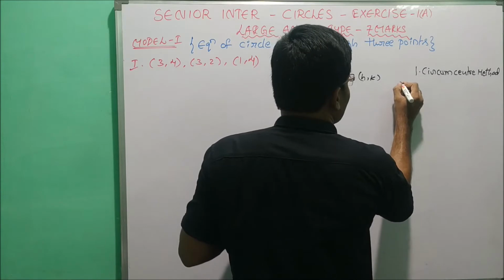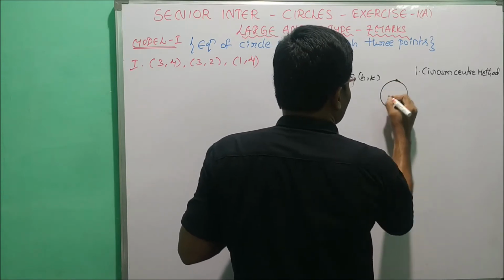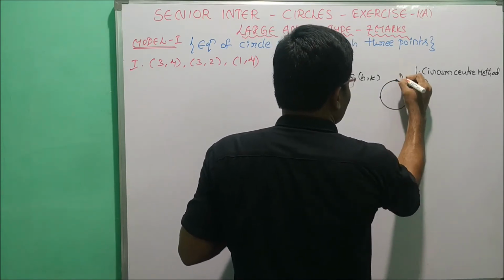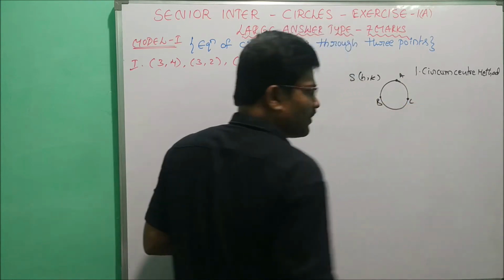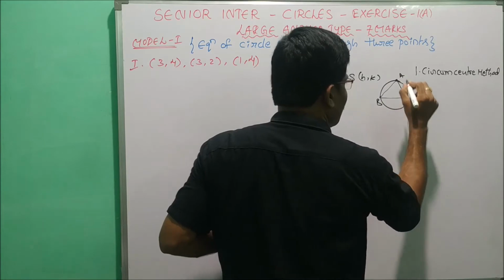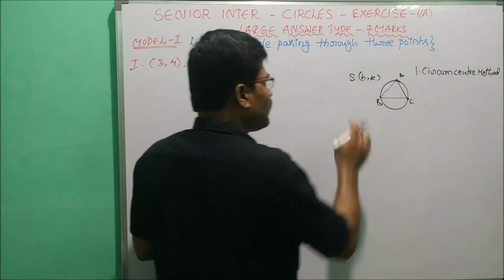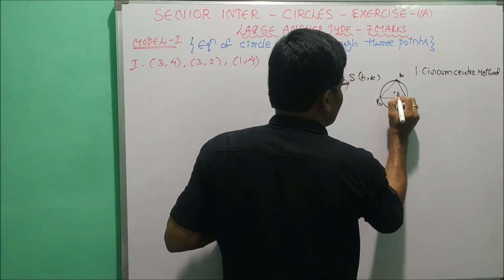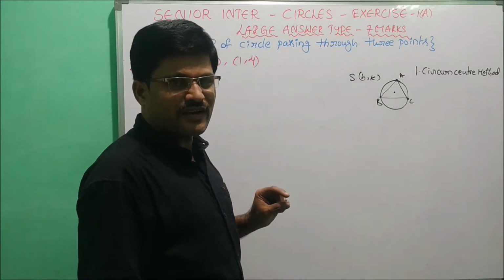For example, this is the circle, and these are 3 points. Now we join these 3 points and form a triangle. Here S(h,k) is the circumcenter.